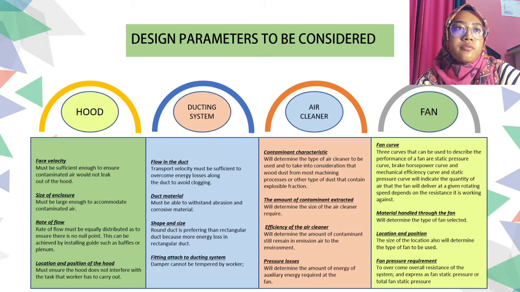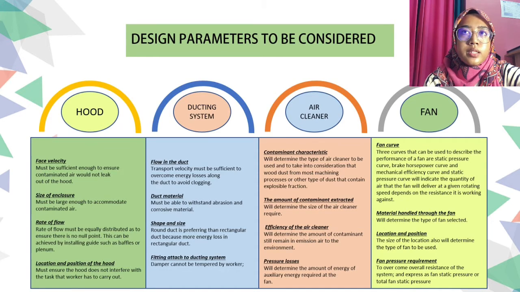Pollution can adversely affect factory workers and other occupants. The efficiency of the air cleaner will determine the amount of contaminant still remaining in the emission air to the environment. Pressure loss will determine the amount of auxiliary energy required at the fan.